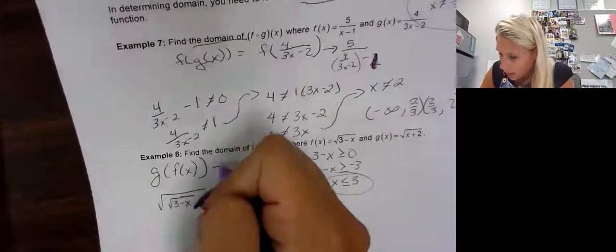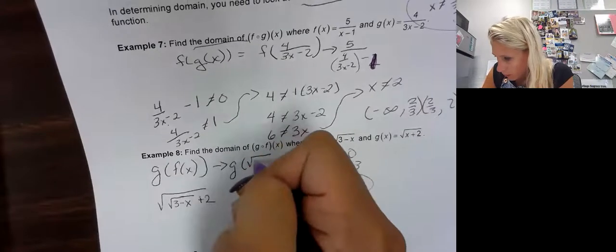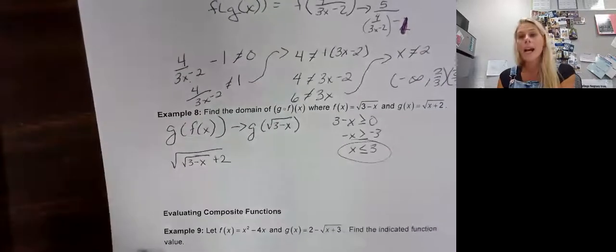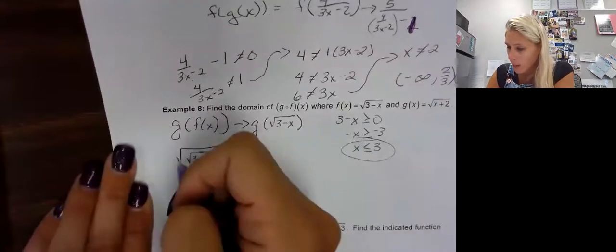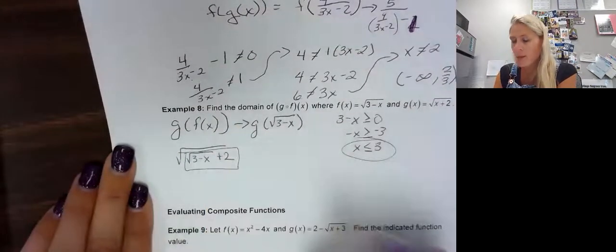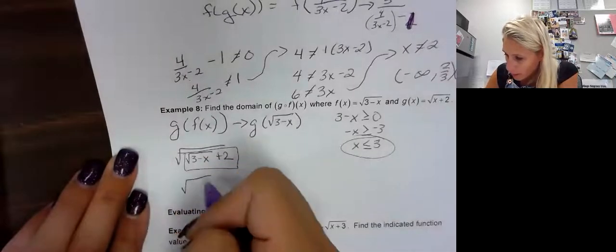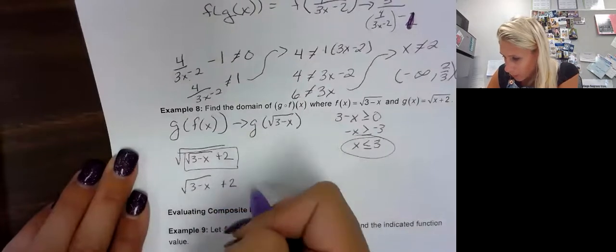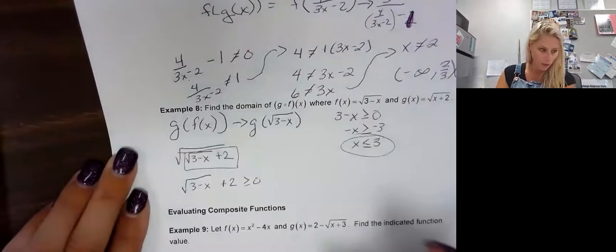So remember, I'm saying g of the square root of 3 minus x. Okay, and this is how I get this. I don't have to worry about simplifying. What I have to worry about is that what is under the square root cannot be less than 0. So I can say the square root of 3 minus x plus 2 has to be greater than or equal to 0. And now I can solve.